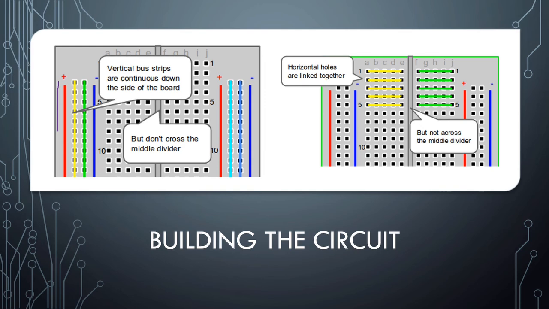What we would do is take a wire from the pin over here, and you always want to ground to this rail first. What that means is all of these are connected. You can see by this green line running down. Each of these little squares is a hole on the board, if you haven't made that connection already.